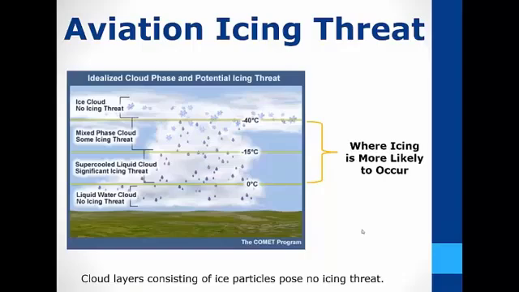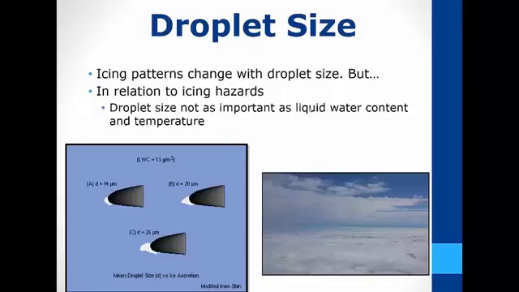Like I mentioned, most icing is generally concentrated in air masses just below freezing, 0 to -15 Celsius, but you can have icing as cold as -40 if ice condensation nuclei are not present.